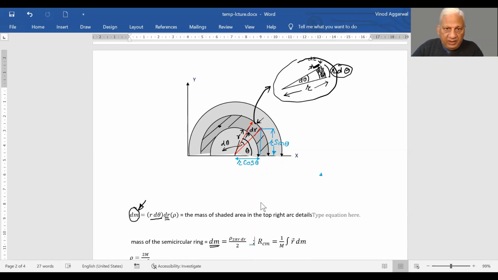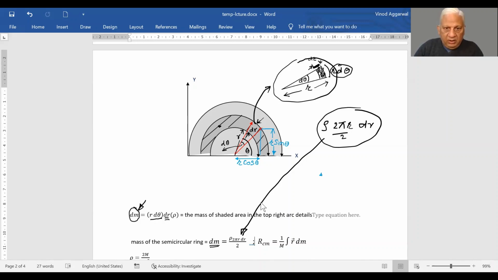It will be the area of this ring, which is 2 pi r by 2, because it's a semicircular disk, into dr. dr is the thickness of this ring, and rho is the surface density. So what you get is rho times pi r dr as the small mass of this semicircular ring.